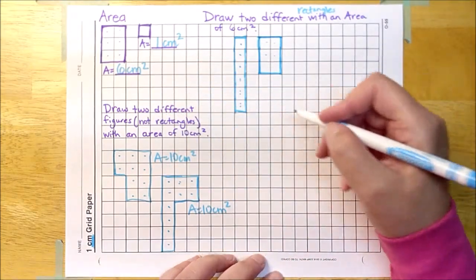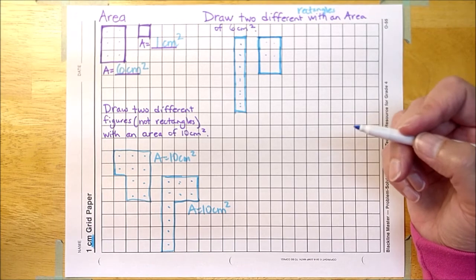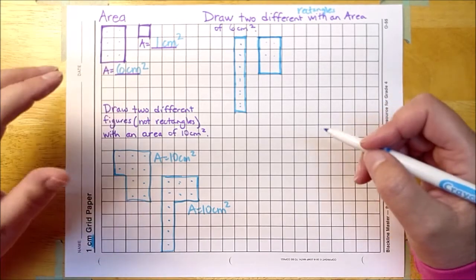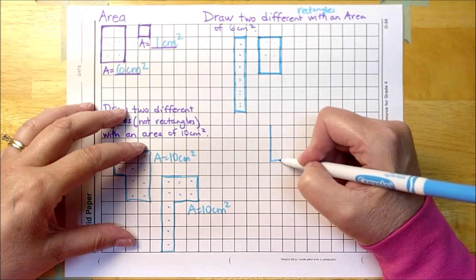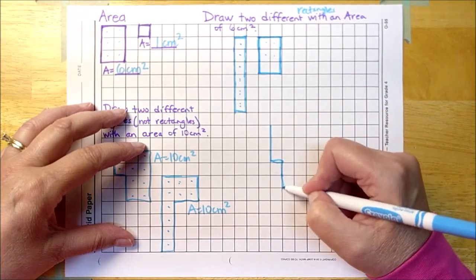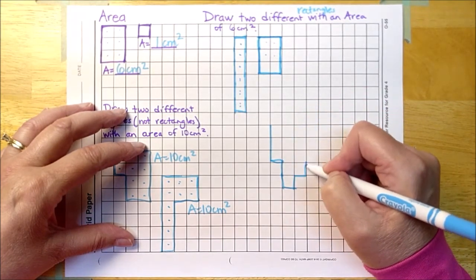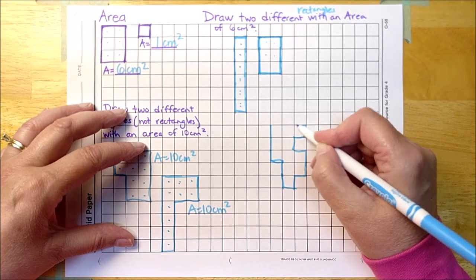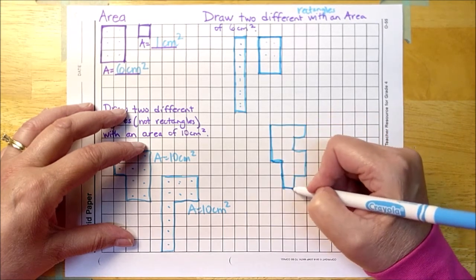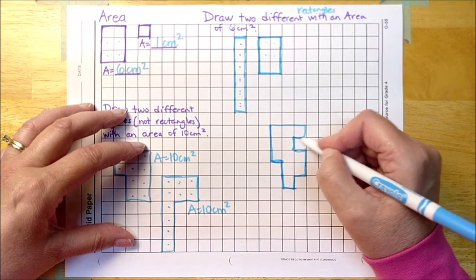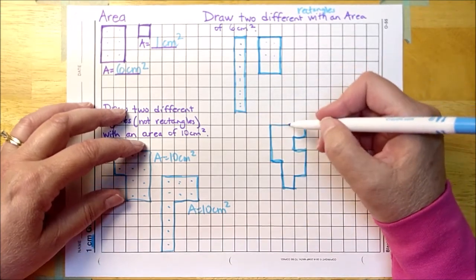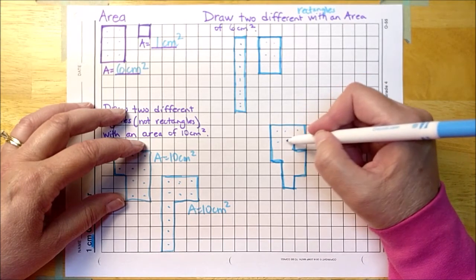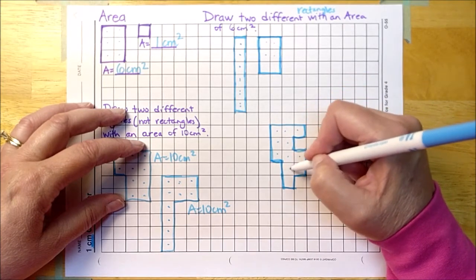How about they say, okay, I want you just to draw a figure, whatever you want, and you then have to figure out the area. So I could just start drawing away here, not making halvesies, but always staying wholes. Okay, there's a figure. I made a figure, it's totally closed in, and I can figure out its area. 1, 2, 3, 4, 5, 6, 7, 8, 9, 10, 11.